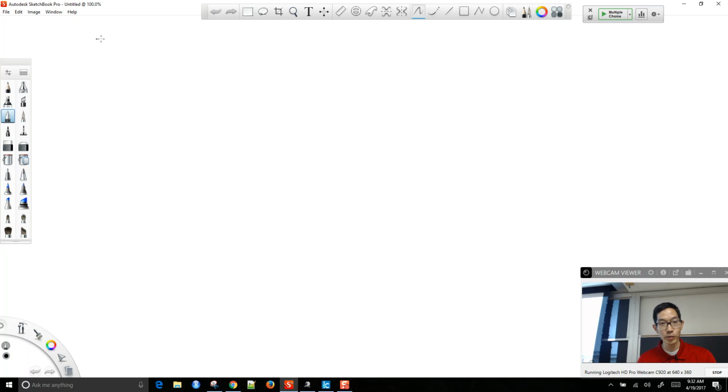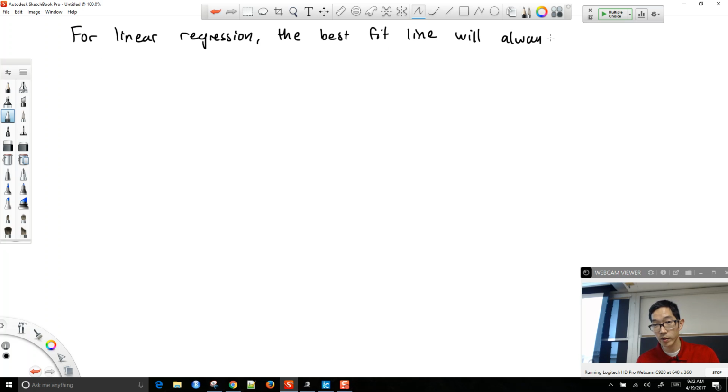Okay, and we can just go straight to the answer without having to derive it, and we can say, for linear regression, the best fit line will always have the following slope and intercept.